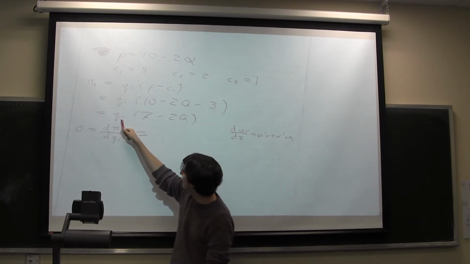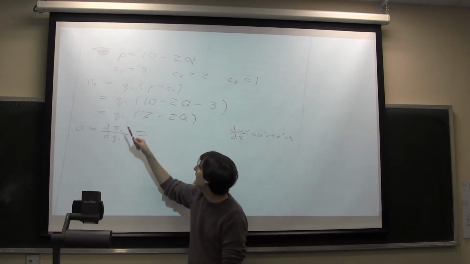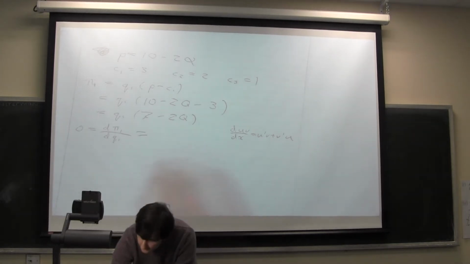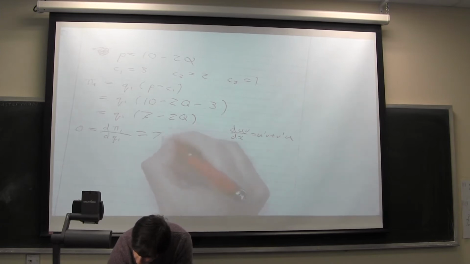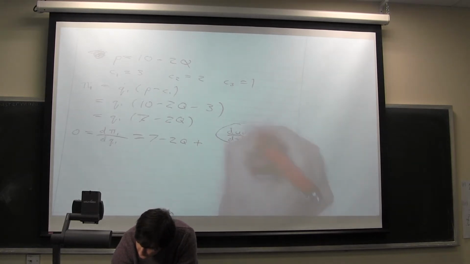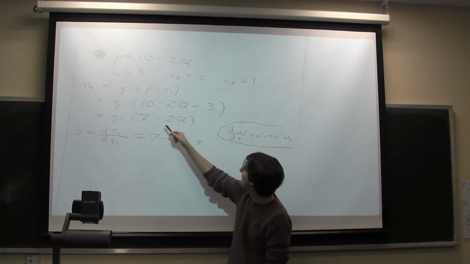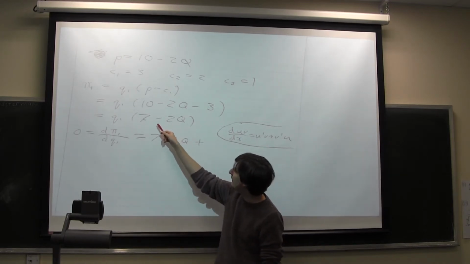So u dash, the derivative of q1 with respect to q1, is just 1. So we just get the v bit: 7 minus 2Q. Plus, the next thing we need is v dash, the derivative of this with respect to q1.